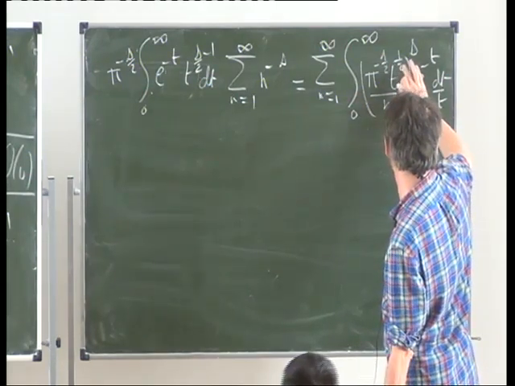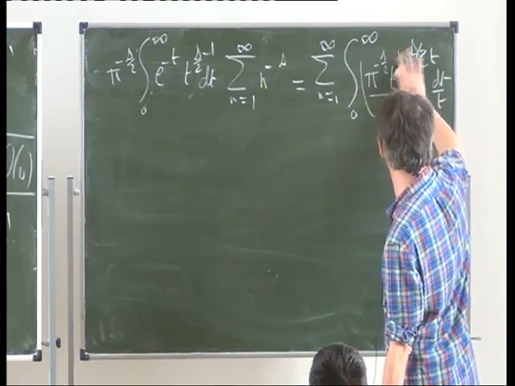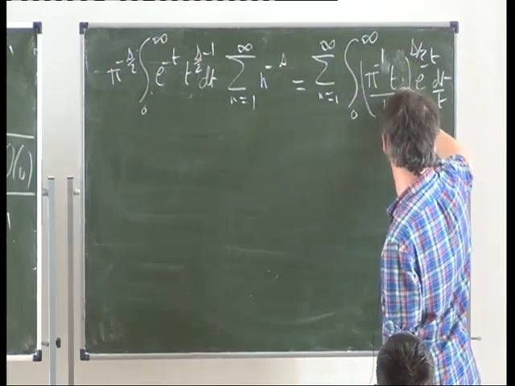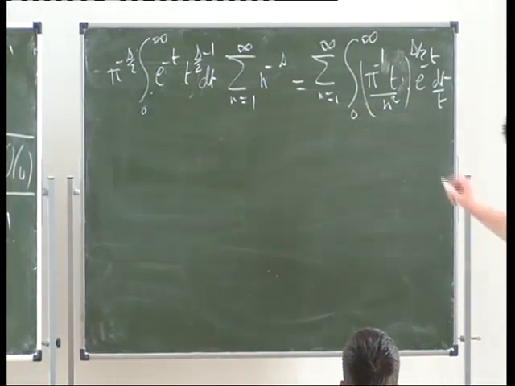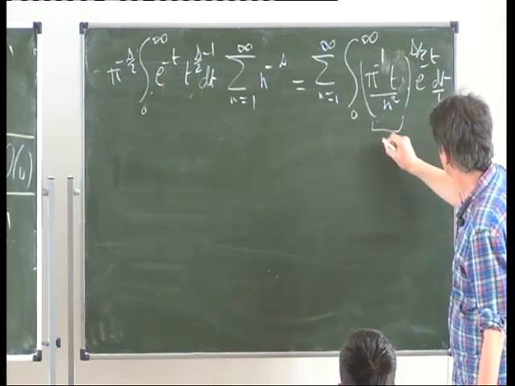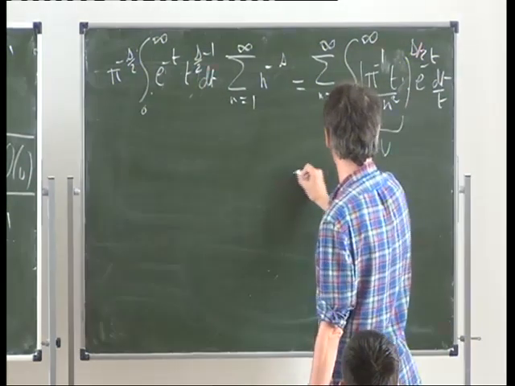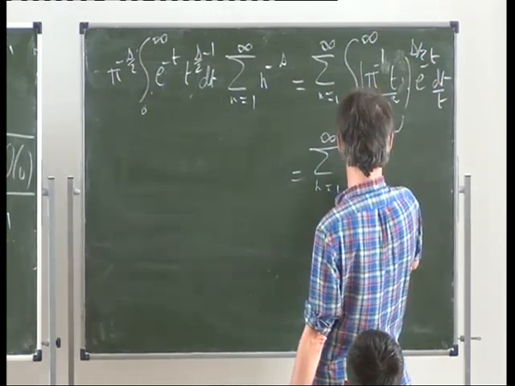I'll take the minus 1/2 outside, and so I have an n squared here. So I will put u equal to that.